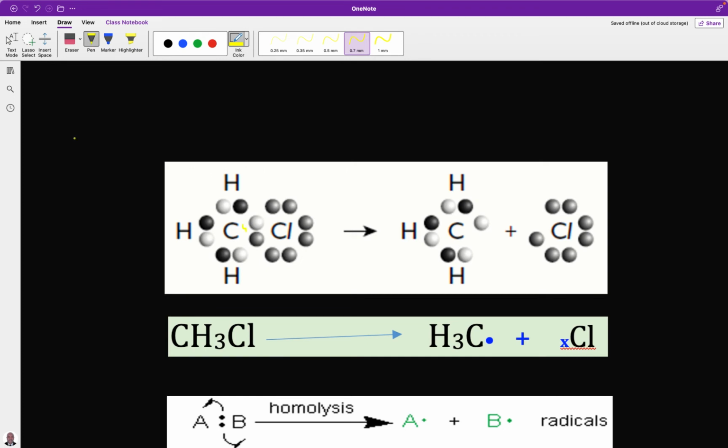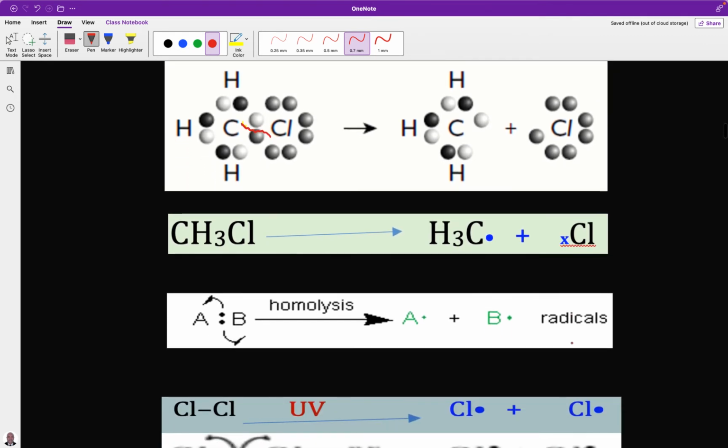During homolysis, there's a breakage where 1, 2, 3, 4, 5, 6, 7 electrons come to this carbon atom, then the other 1, 2, 3, 4, 5, 6, 7 go back to chlorine. And this is how it is represented in an equation form.